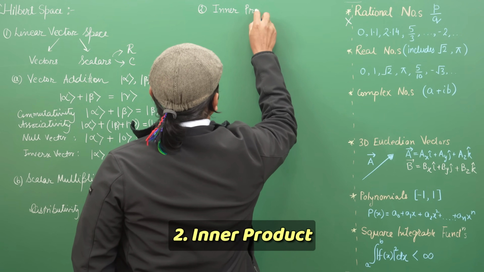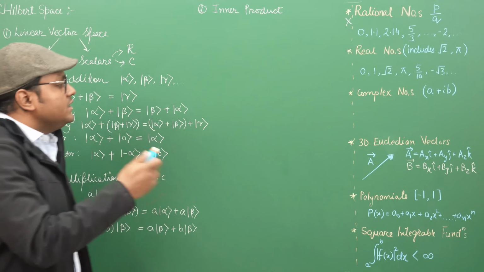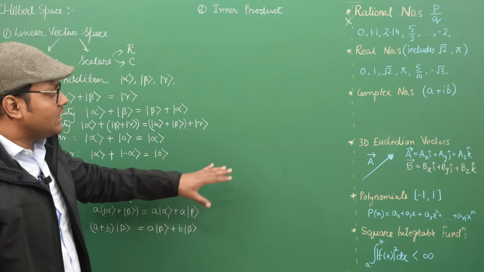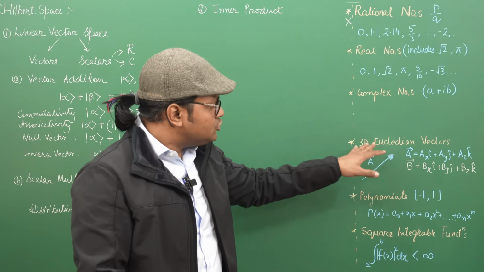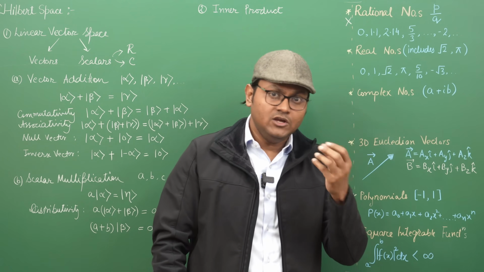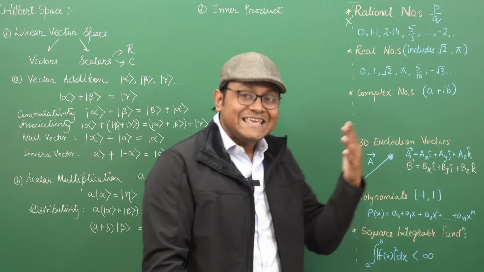So a Hilbert space must have a well-defined inner product. Now, what is an inner product? Let's go back to our original geometrical vectors. When we study geometrical vectors, there is one particular multiplication that is very common, which is that of the dot product or the scalar product.